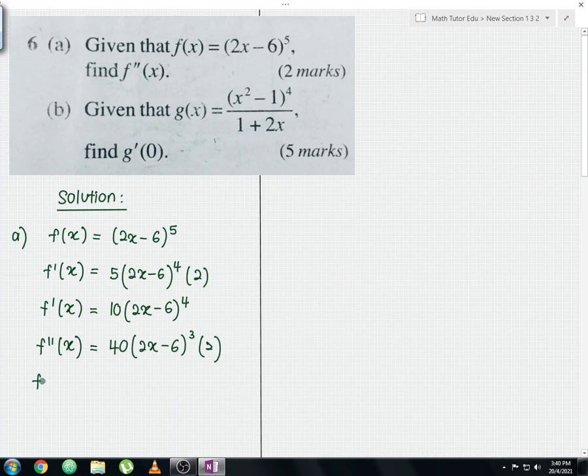So your f double prime x will be equals to 80 times with (2x minus 6) to the power of 3. This will be your final answer for question part A. Let me underline the solution.